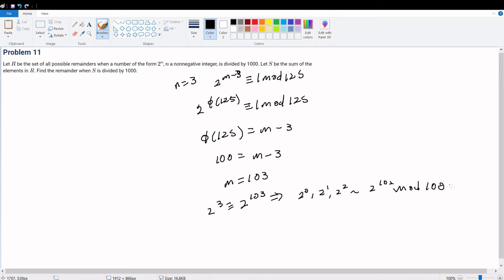These are going to be all of the distinct elements of R. If we put in 2 to the 103, it's the same thing as 2 to the third, as we've shown, which means that we'd be overcounting this remainder, right? So let me go ahead and clear up the board, and we'll finish off this problem.